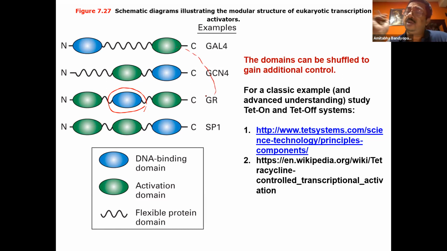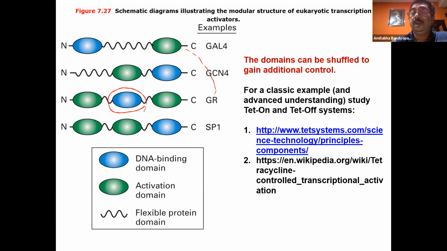GAL4 has a very strong activation domain. So if this transcription factor is likely to increase the expression of 5 genes, then with this chimeric transcription factor you are very likely to see a very high level of expression of your target genes.